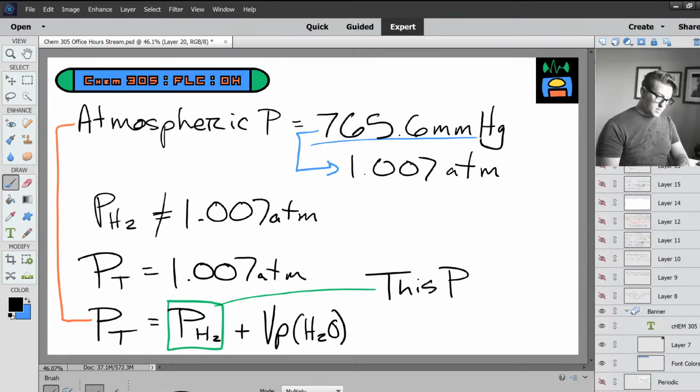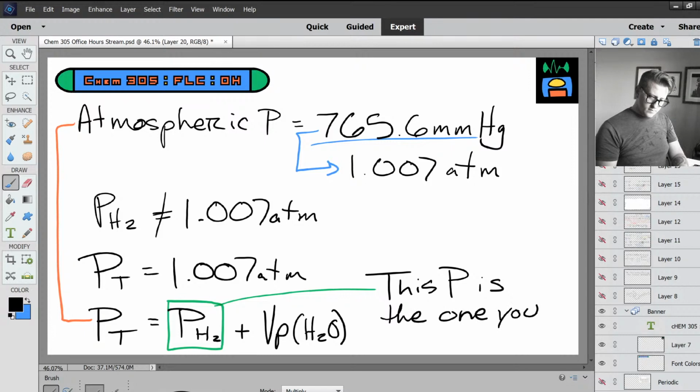Really? Because I just did the unit conversion. Well then, here's what I would say. Double check it. Yes, that is the one.